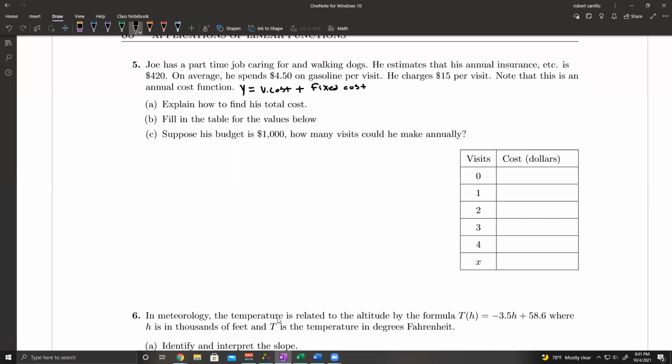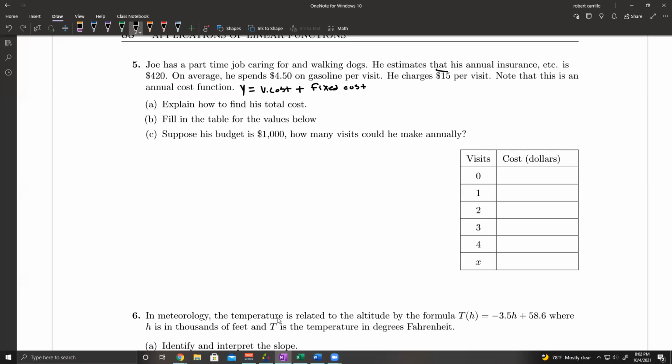Okay, so out of all of this, we want to know what Joe's part-time job is costing him to run his own business, his own little part-time job of walking dogs. So what do you think is fixed cost? What comes out of his pocket every year? Insurance? Insurance and whatever else, right?